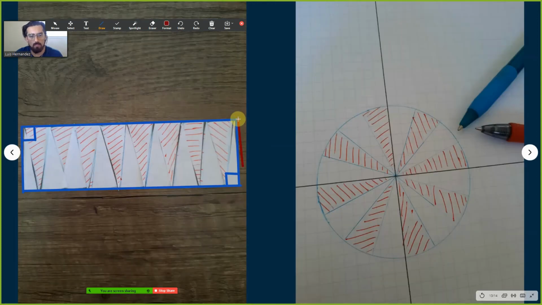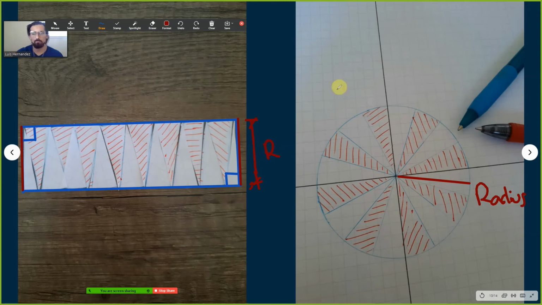I recognize this height as the radius, because remember that this piece was cut in half. That could be the line that created this segment over here, and of course it's going to be the one over here, right? And this is the radius. So far we know that the height of this rectangle is equivalent to the radius.